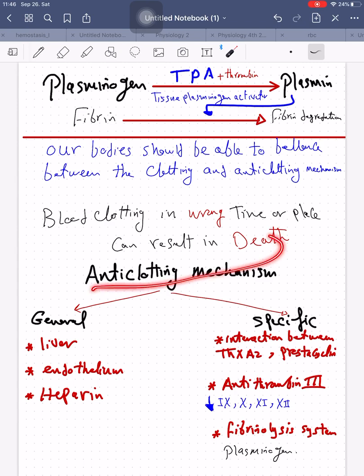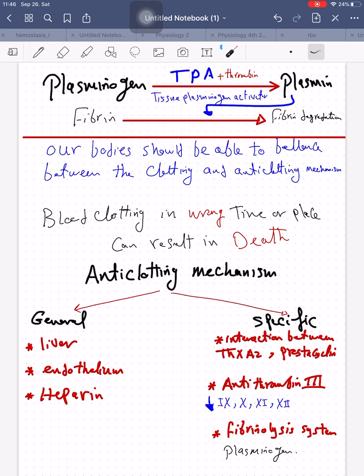For the anti-clotting mechanism, we have general mechanisms, like the liver removing or inactivating activated factors, the endothelial cells, and rapid blood flow. This will prevent the activation of factor number 12 or the platelets.